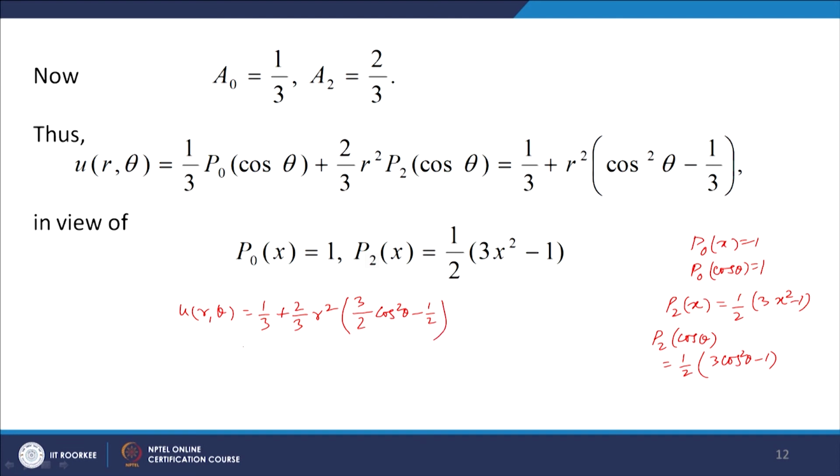So, what do we get? 2 by 3 r square we multiply, 2 by 3 will cancel with 3 by 2, we get r square cos square theta, and then 2 by 3 into r square we multiply to minus half, 2 will cancel, we get minus 1 by 3 r square. So, we get 1 by 3 r square times (3 cos square theta minus 1)... in view of P0 of x equal to 1, P2 of x equal to 1 by 2 (3x square minus 1). So, this is the solution to the given problem.